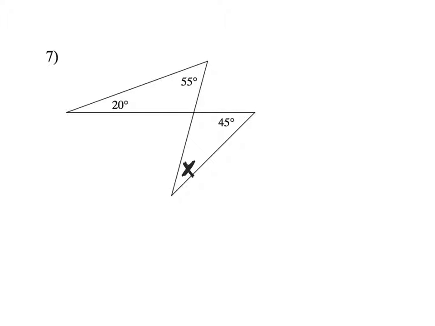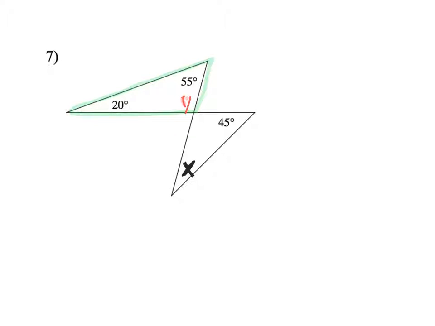So, looking at the diagram, I have two different triangles. And notice that in this first triangle up here, I know two of its angles. That means I can solve for that third angle. And I already used x, so let's call this y.